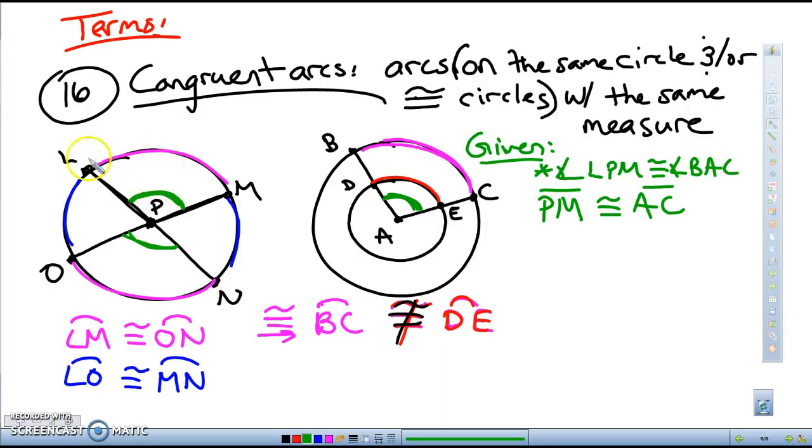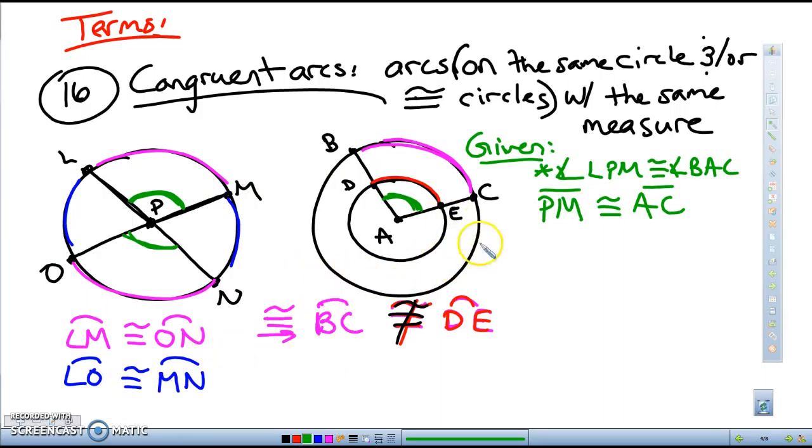For example, this one circle has two central angles that are the same. You can see that because they're vertical angles. So this arc LM corresponding to this angle here is going to be congruent to the arc ON. Pretty easy to see there. And then the flip side of that, we've got some other vertical angles, so that means that arc LO is going to be congruent to the arc MN.